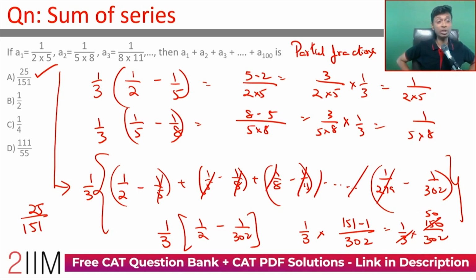So this whole expression becomes 1/3 of 1 by 2 minus 1 by 5, 1 by 5 minus 1 by 8, 1 by 8 minus 1 by 11, all of those added. So a bunch of terms will get cancelled. We'll be left with 1/3 of 1 by 2 minus 1 by 302. That is 151 by 302 minus 1 by 302, or 150 by 302, 1/3 of that. 50 by 302, which is 25 by 151.